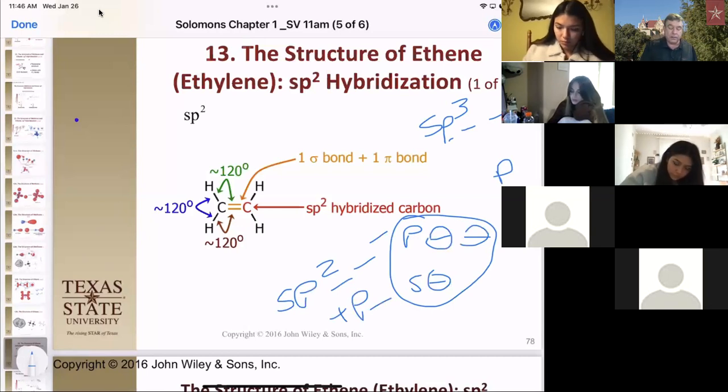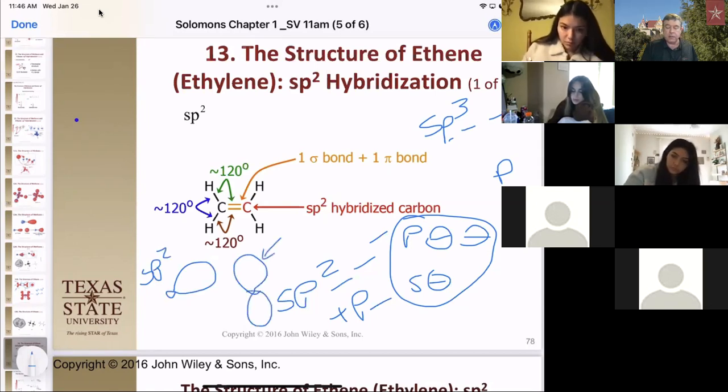So all of these sp2 orbitals are going to have a big lobe and a small lobe, and then we're going to have one orbital that's untouched, the p. It's going to be the px or the py or the pz, whichever it is, and it has the same size lobes on both sides. If we have 3 equal orbitals, the farthest we can spread them out in space is 120 degrees.